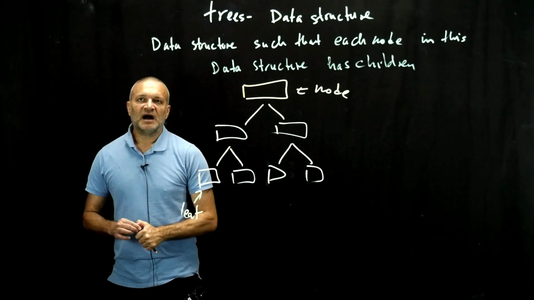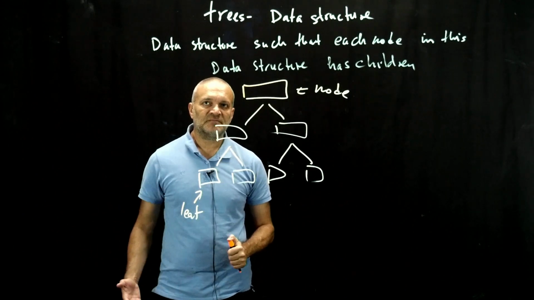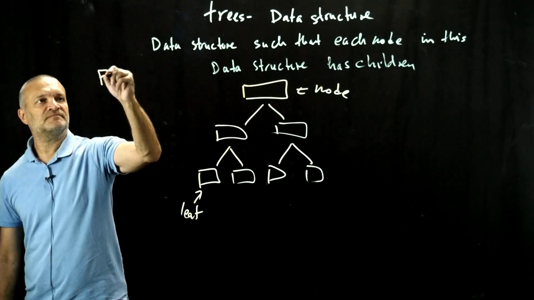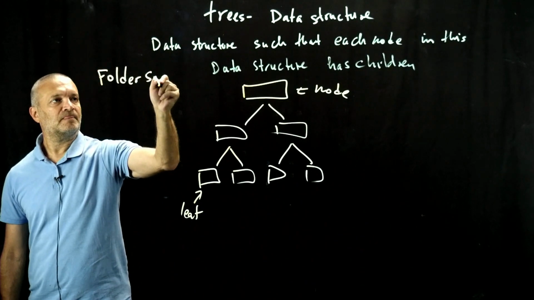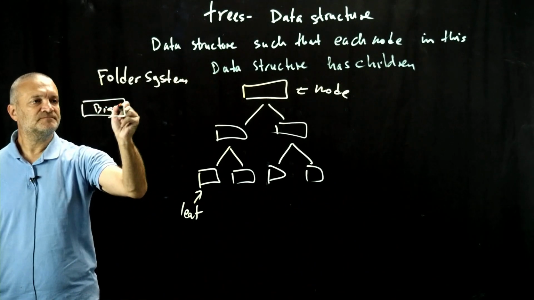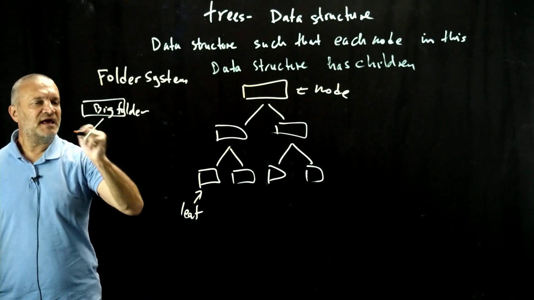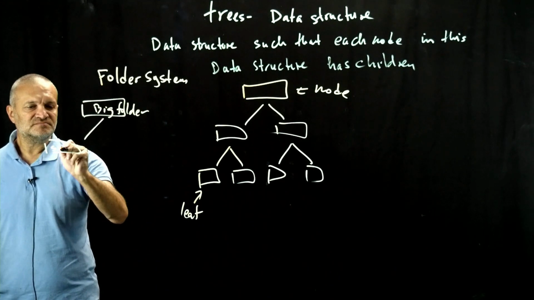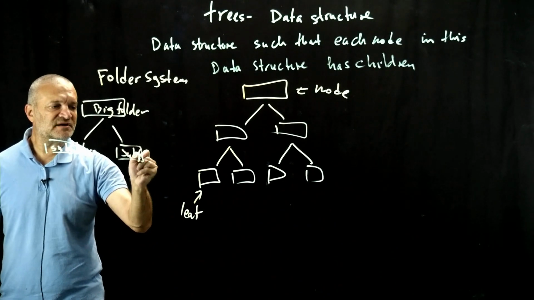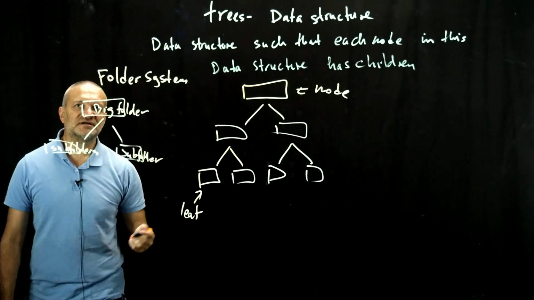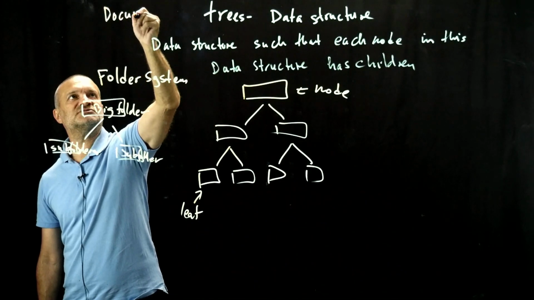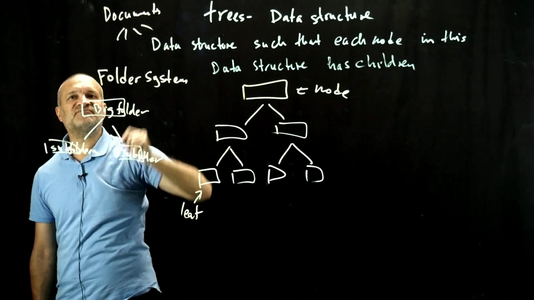What kind of example do you have in computer science of this structure? For example, the folder system. I have one big folder, and then you have subfolders. You can have more subfolders or directories for each folder. For example, if you have a desktop or documents in Windows, underneath you have many subfolders.